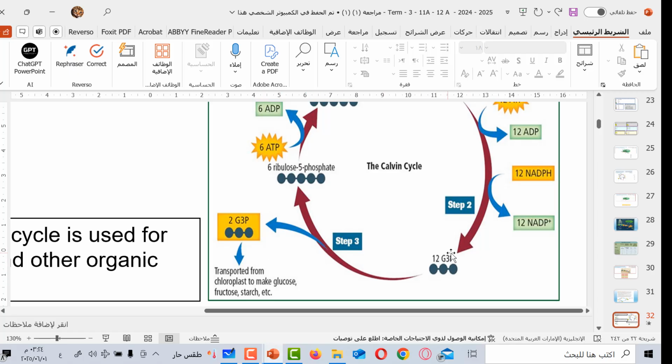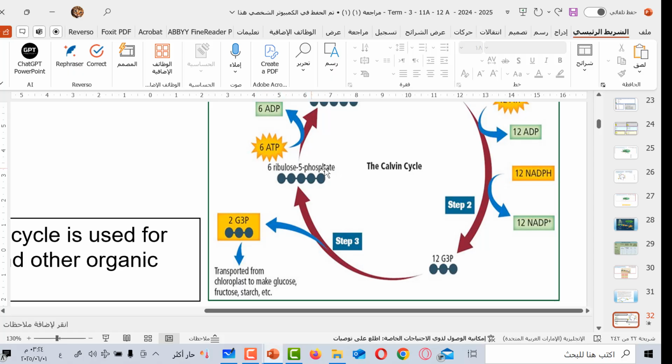And the 10 is still 10, but every one of these 10 has 3 carbon. If we multiply 10 by 3 carbon, it will be 30. The 30 will give us molecules which have 5 carbons. 30 divided by 5 gives us 6 molecules of ribulose 5-phosphate.